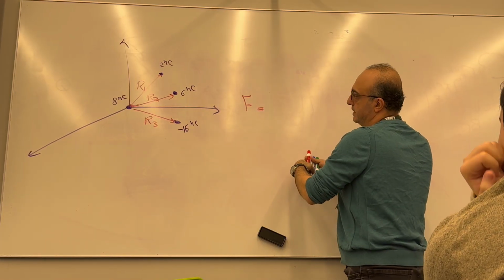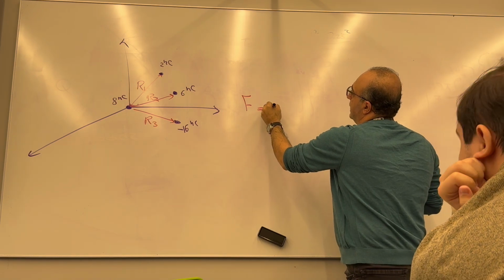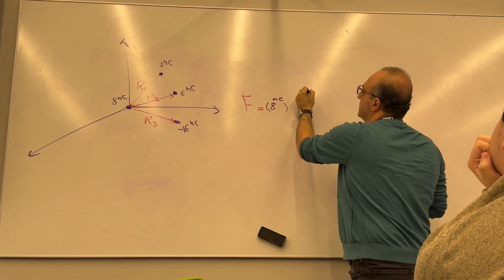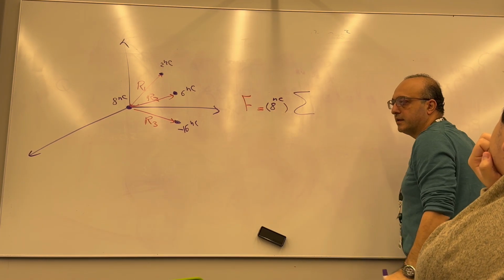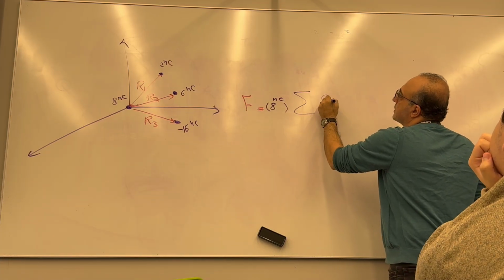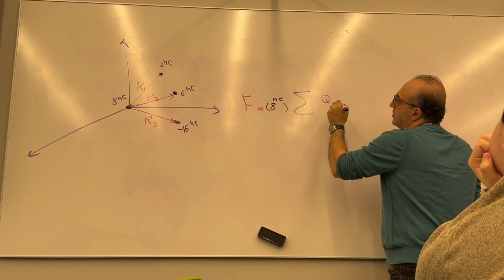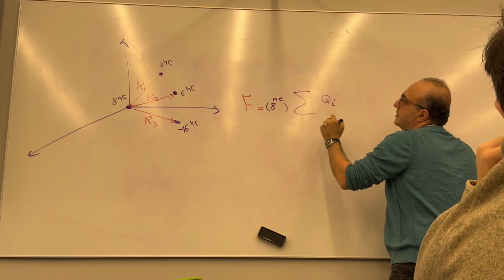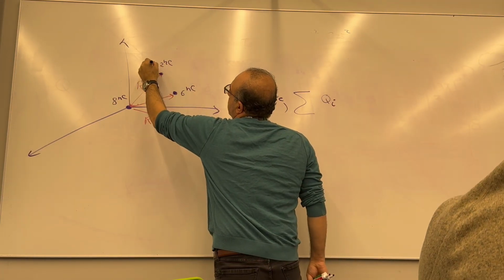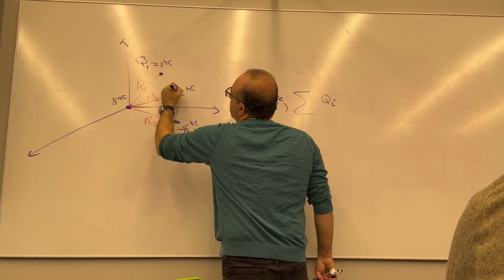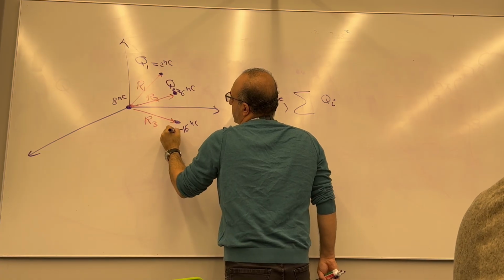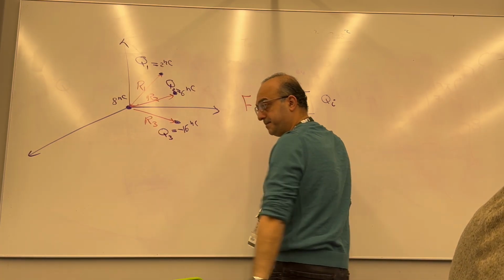I can say that 8 nanocoulomb sigma of Q I, this is Q1, this is Q2, this is Q3.